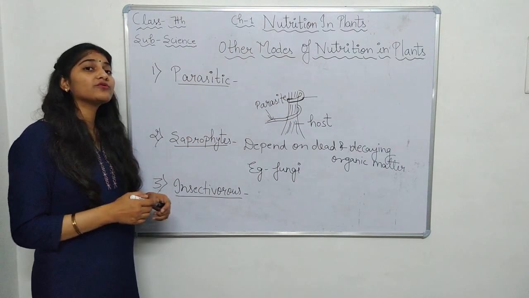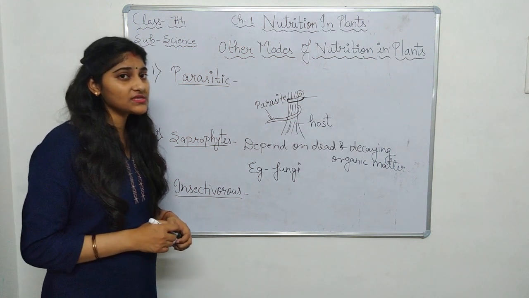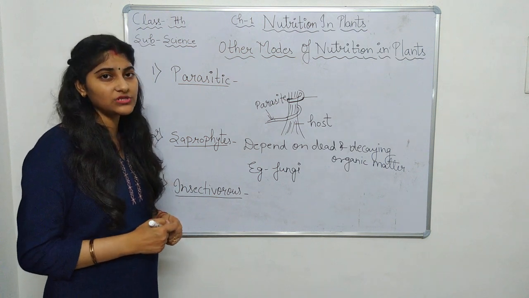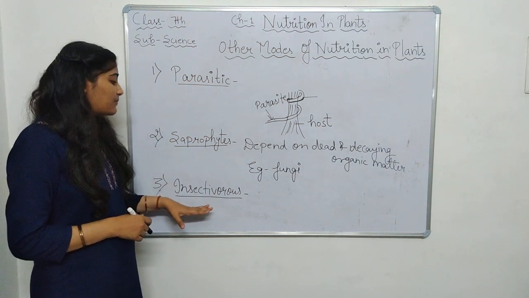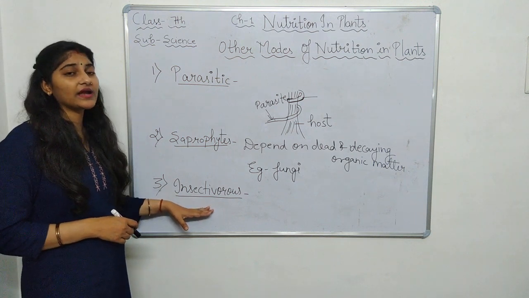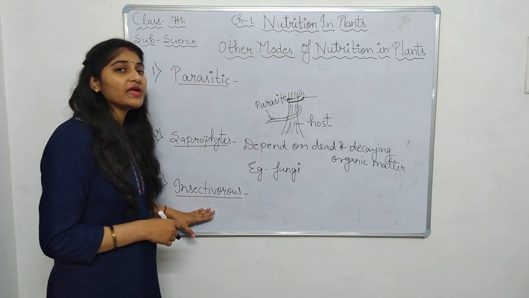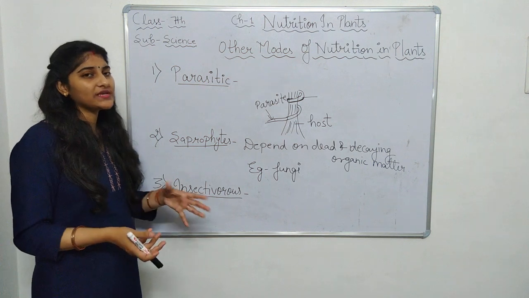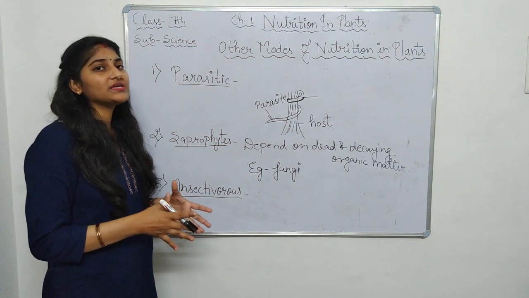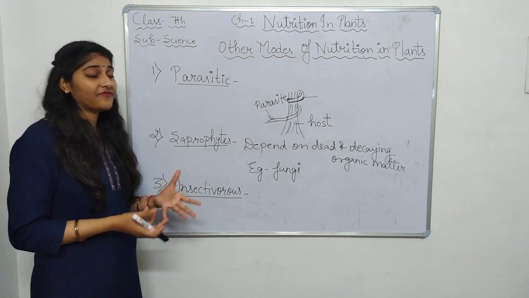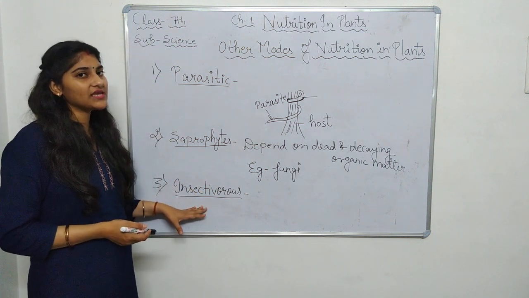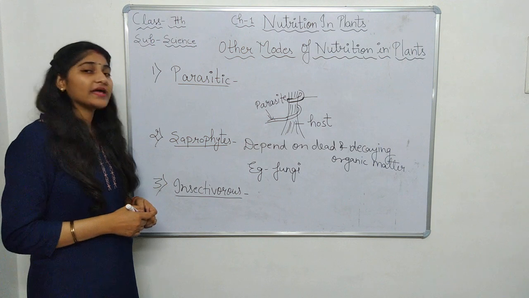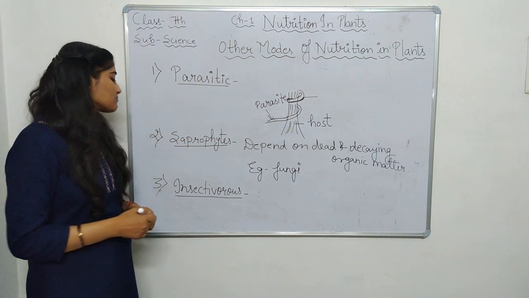As I have told you in the process of photosynthesis that plants do require nitrogen as well for the formation of proteins. But the plants which are categorized as insectivorous grow in such places where nitrogen is insufficient. So they have to depend on insects for getting that nitrogen part.